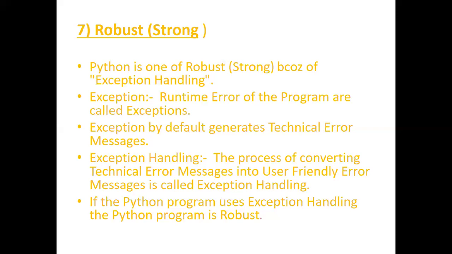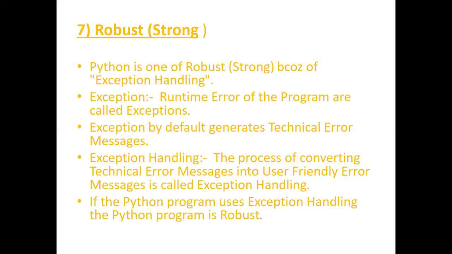Now, what type of message? Invalid PIN. We'll get this. But is it understandable? Yes, it is understandable by the end user. But earlier in Python programming, we were getting errors in a technical manner, which is not understandable by the end user.